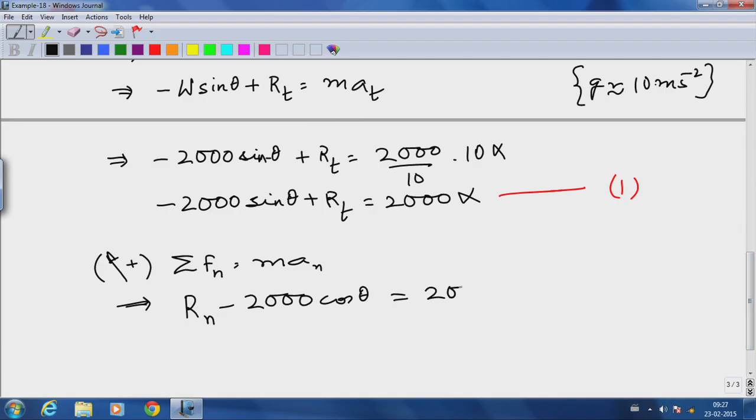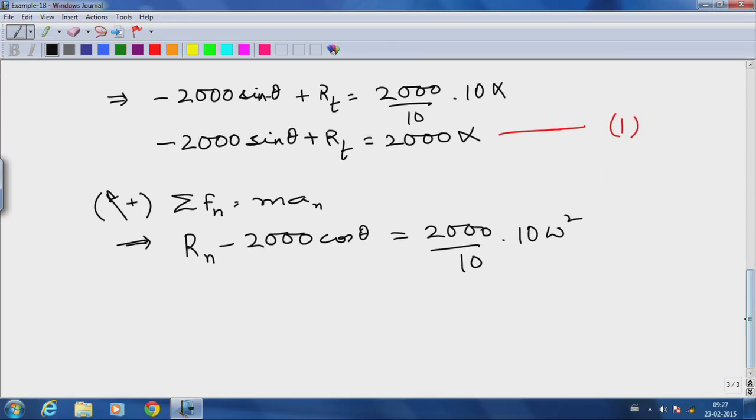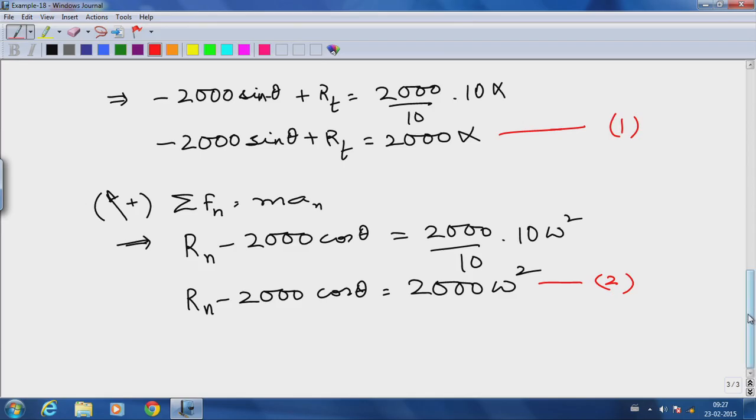That equals 2000 divided by 10, which is the mass of the particle, times 10 omega squared. Alpha and omega are in general functions of theta. So, let me complete this equation. This is what I am going to call my equation 2.